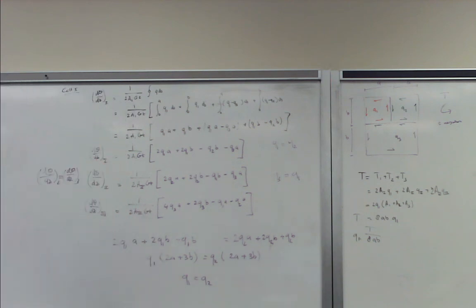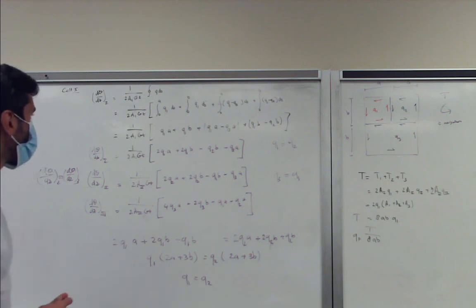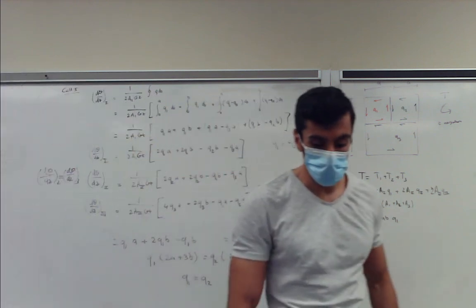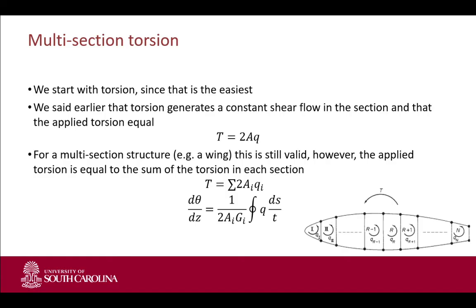Okay. And like I said, the solution procedure is fully elaborated in the lecture slides. I'm going to have a quick look at it. So this is what we started with. We said that if you have torsion, the individual torques, if you sum them together, will be equal to the total torque, and the rate of twist must be equal between the different cells.